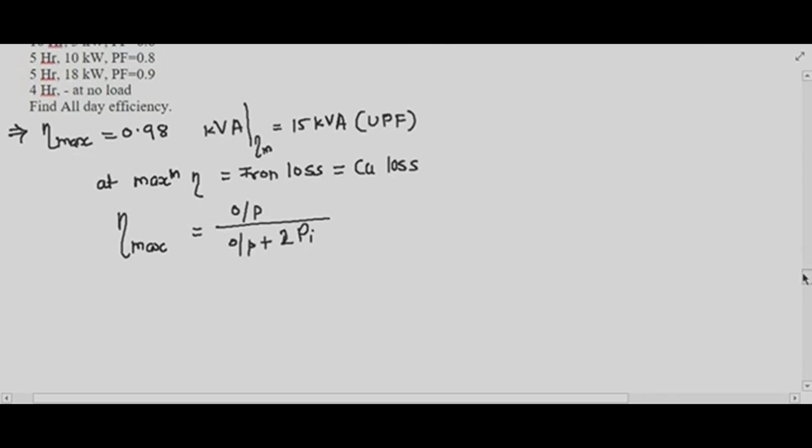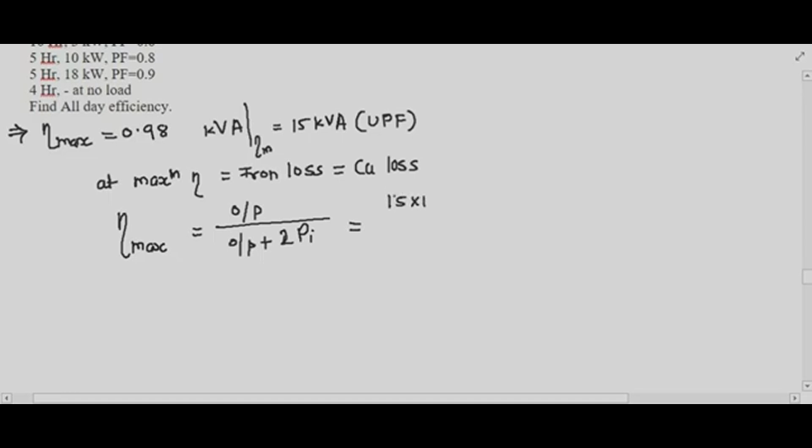So now what is the output? This is output in kW. When the output is given in kVA, we have to convert that into kW. So what is the kVA at maximum efficiency? 15. What is the power factor? 1.